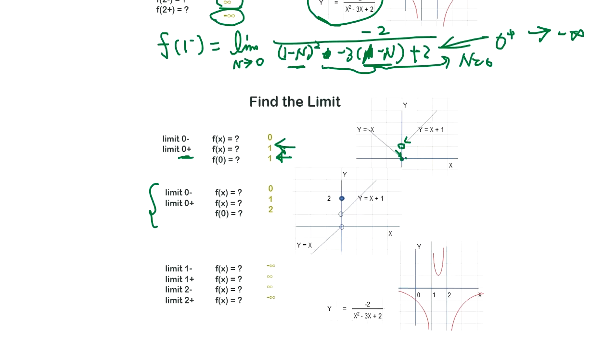Limit 0 negative means here 0 negative, but you take the limit all the way, so this value is going to be 0. Limit 0 positive, you take all the way to 0, then it's going to be 1. And the limit at 0 doesn't do anything, you just plug in 0, which is 2, this one. Okay, so this is a limit.